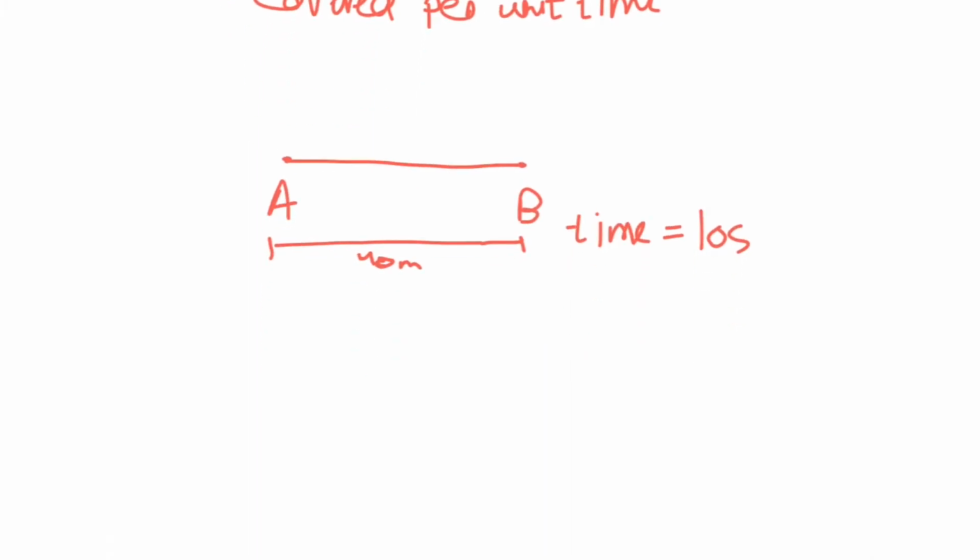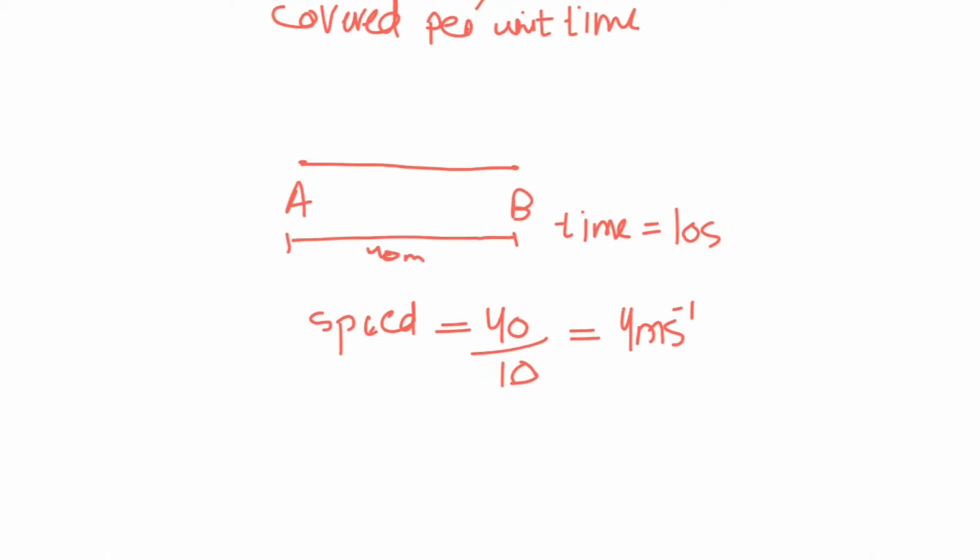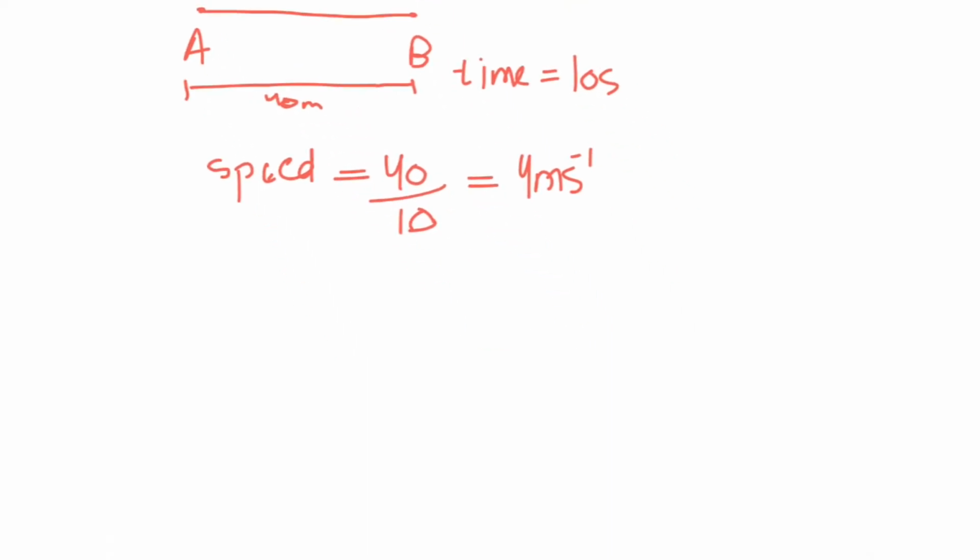Now what would be the speed? The total distance was 40 meters and the time taken was 10 seconds. So distance over time is 4 meters per second. So the speed was 4 meters per second. Speed is calculated using the formula speed is equal to distance over time.